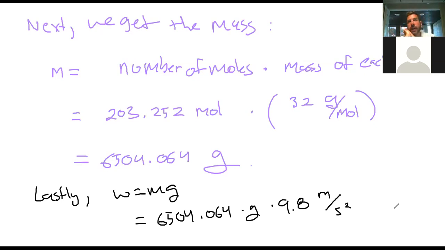But in science, we typically use a different unit called the Newton, because Newton is the standard unit for force. So we have to decide, what do we want to write this in? Do we want to write it in newtons? Do we want to write it in pounds? I guess we can write it in whatever unit we want. So we just have to figure out what we want.